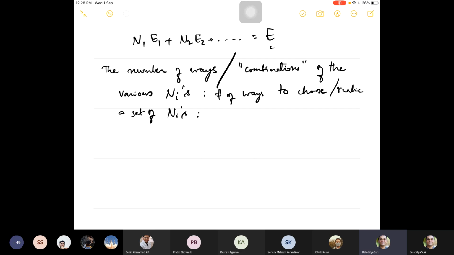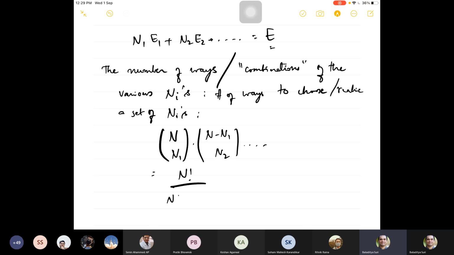You can do this calculation. It's basically n choose n1, and then n minus n1 choose n2, and so on. If you simplify this, this will be n factorial by n minus n1 factorial times n minus n1 factorial by n minus n1 minus n2 factorial, n2 factorial, and so on.